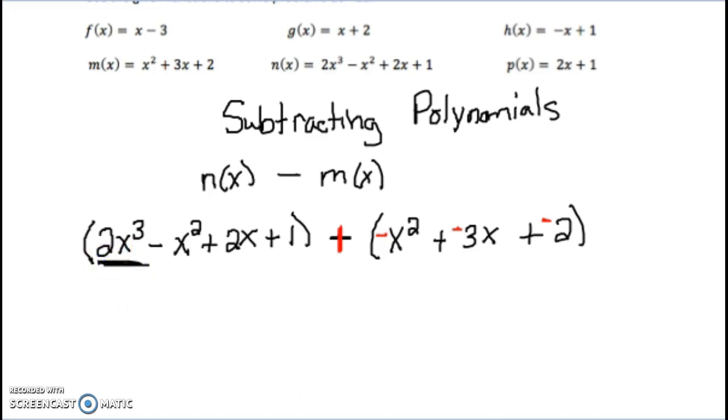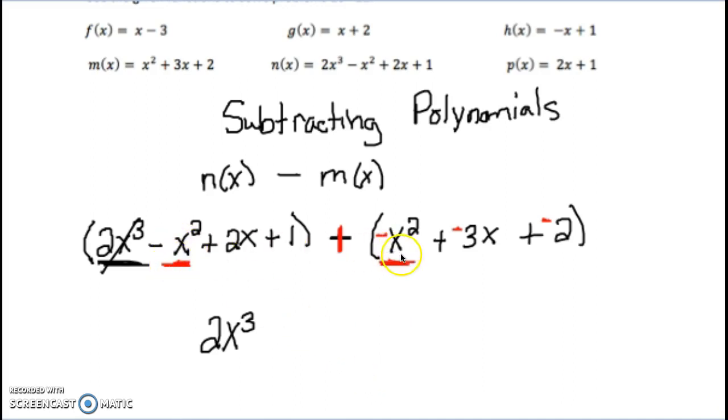I have a 2x to the third. Do I see any other x to the thirds? No. So we just keep that 2x to the third. My next term is negative x squared. Do we see any other x squareds? Yes, we have another negative x squared.